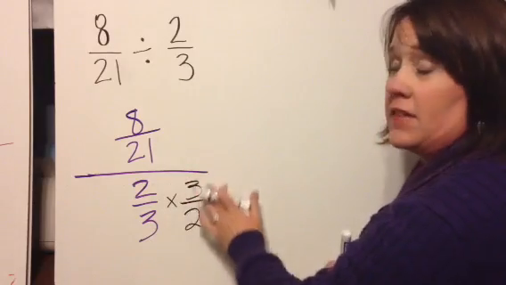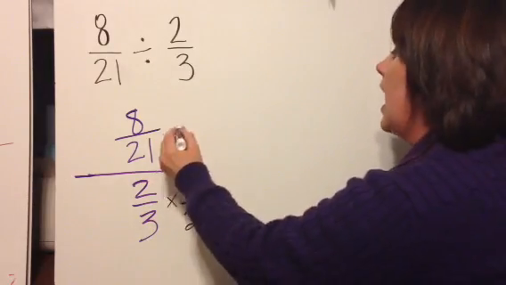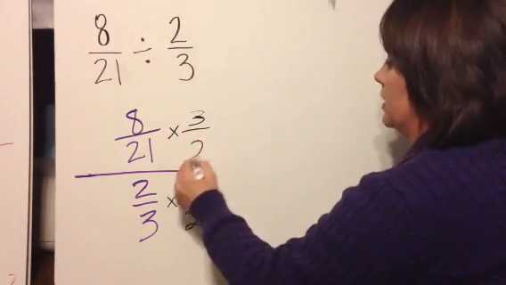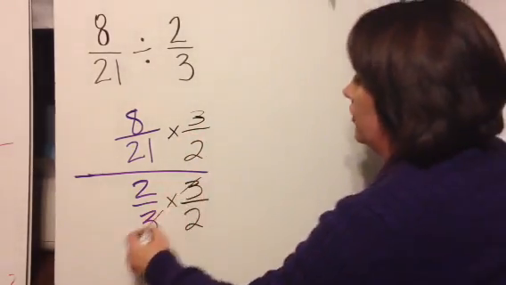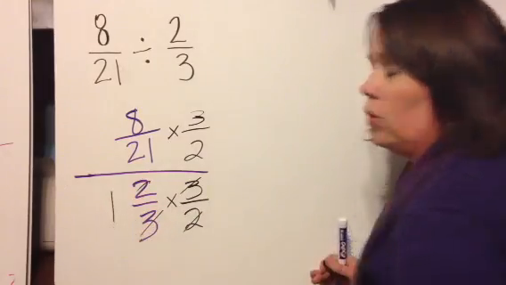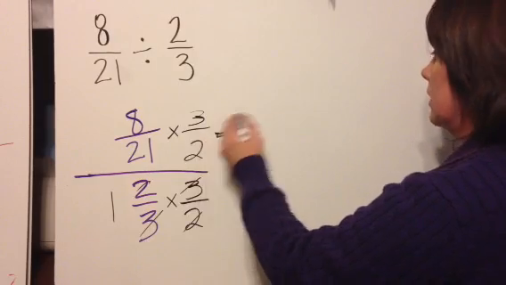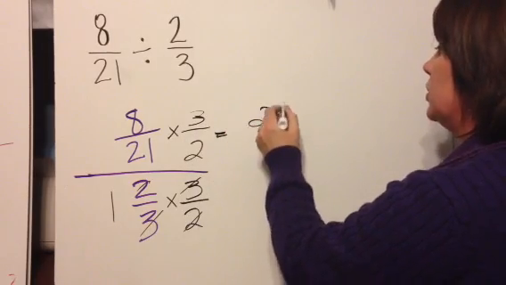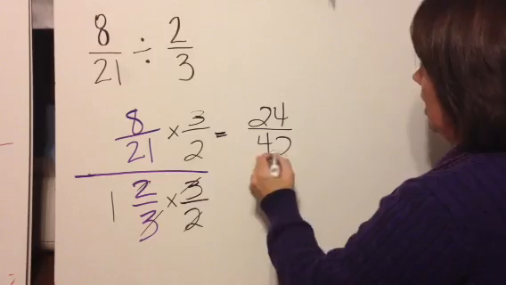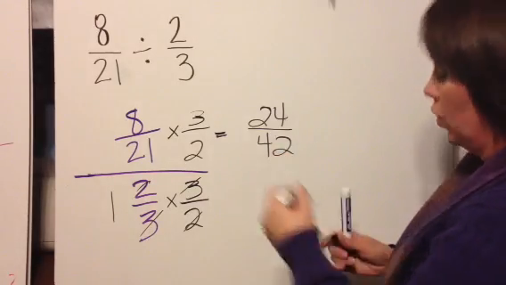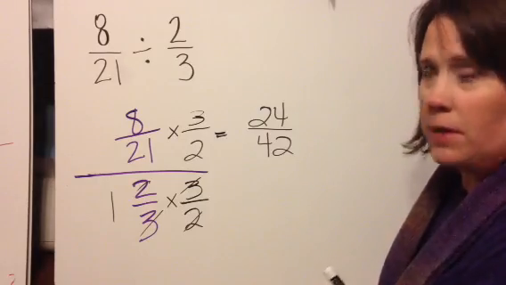And since I multiplied the denominator by the reciprocal, I have to remember that golden rule, and I need to multiply the numerator by the reciprocal as well. All of this cancels out and becomes 1 whole, as down on the bottom. And then I have 8 times 3, and 21 times 2, and I have 24 over 42, and I need to simplify, or I can remember to simplify before I multiply.